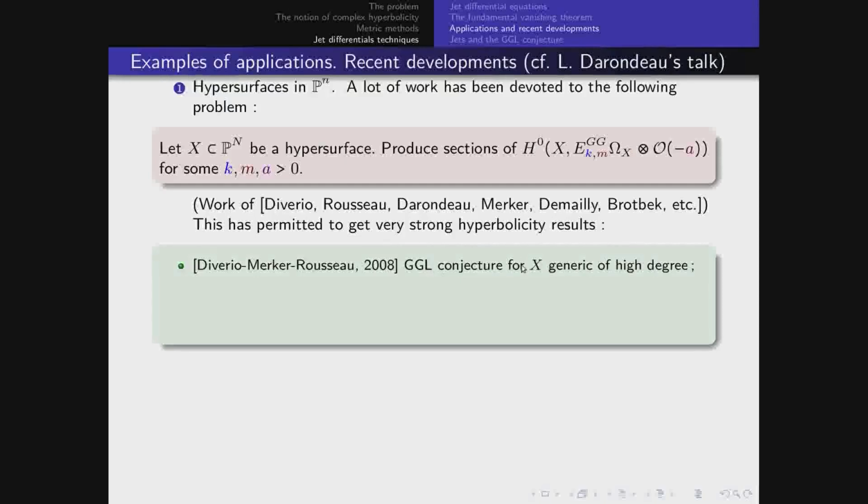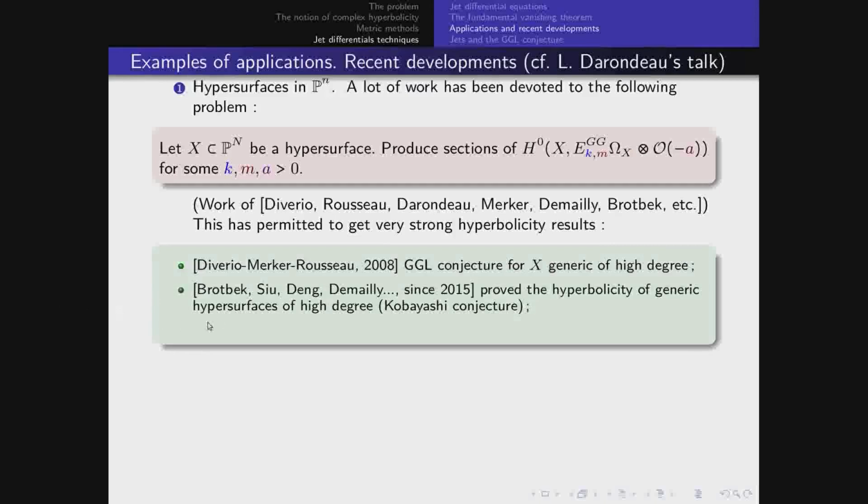So it will prove that there is an algebraic subset inside X which contains the images of any entire curve drawn in X. And even better, since 2015, we have many people who have proved that these hypersurfaces, if they are of sufficiently high degree, will actually be hyperbolic, and not only hyperbolic modulo a sublocus.